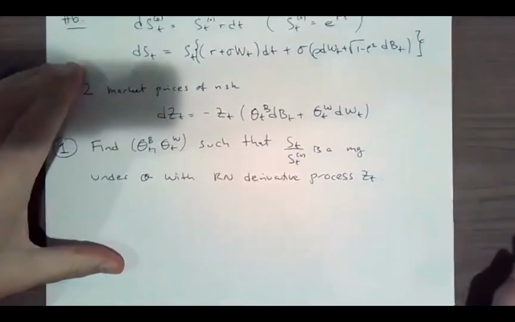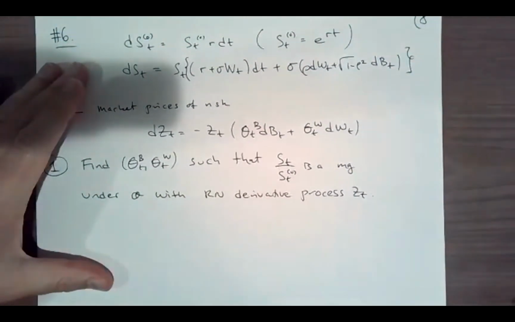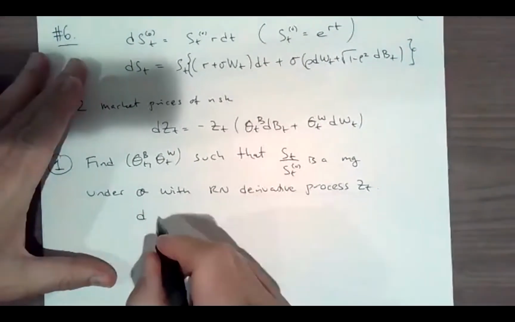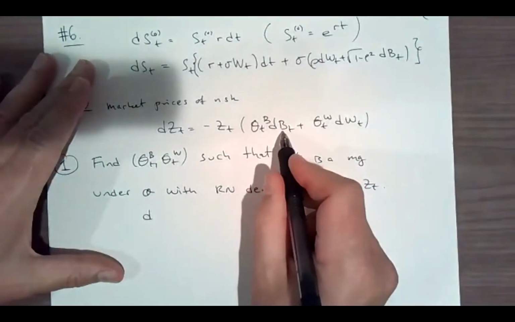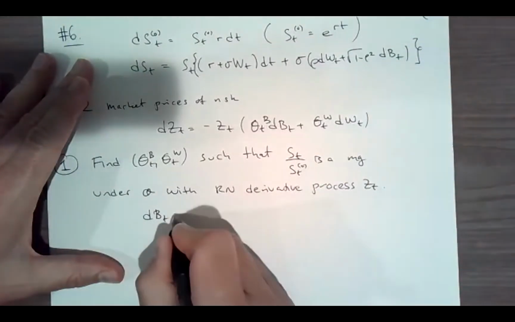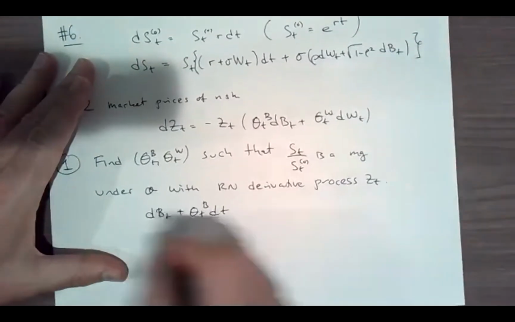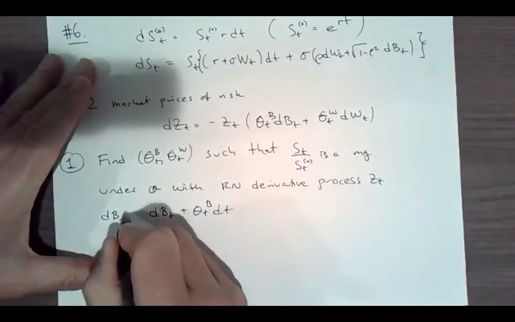Well, we know how to do that at this point because Girsanov's theorem says that you get new Brownian motions. You have the two old ones, you get new ones by adding these market prices of risk. This here will be one of the new ones.